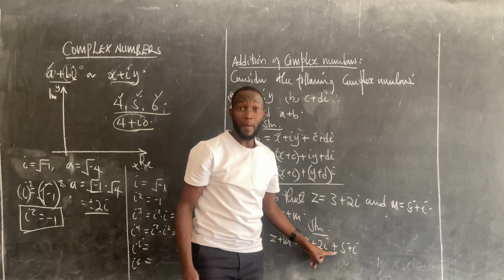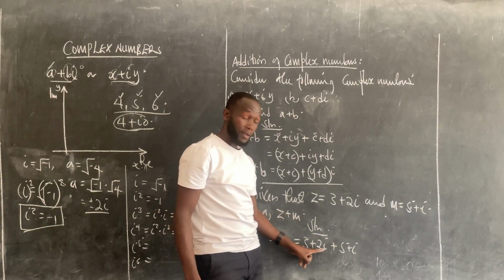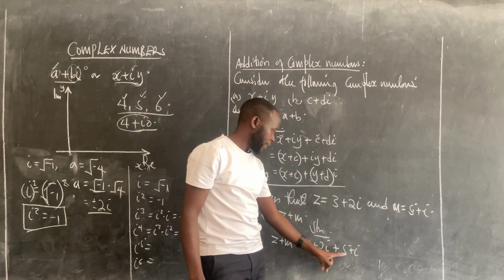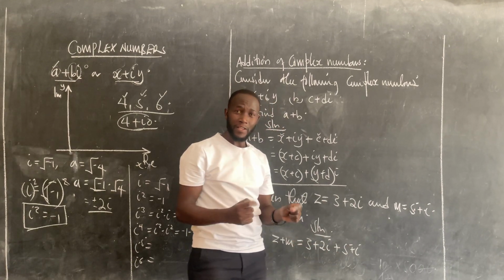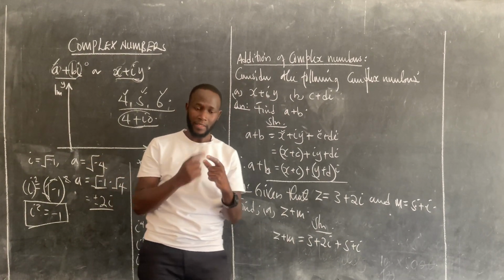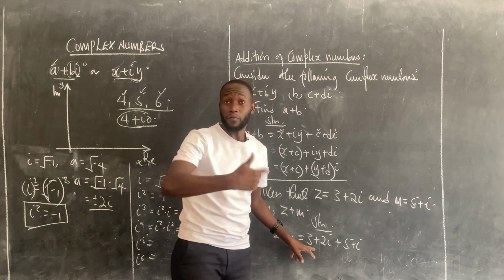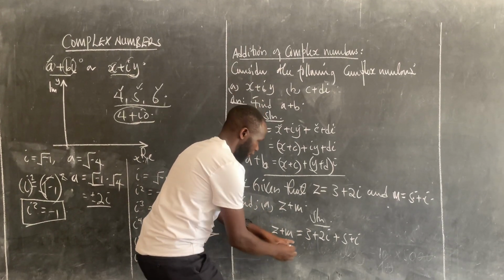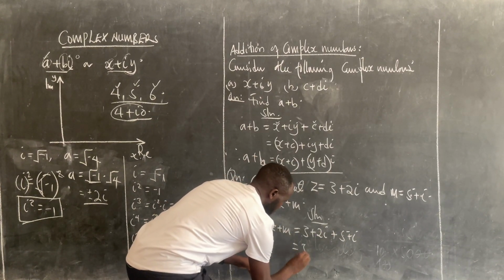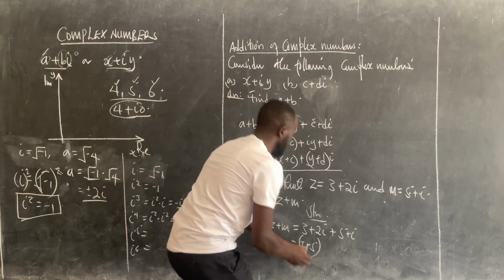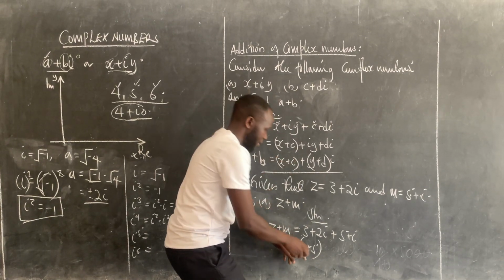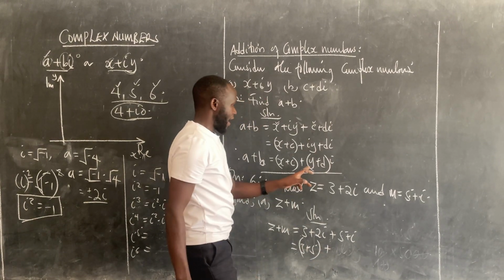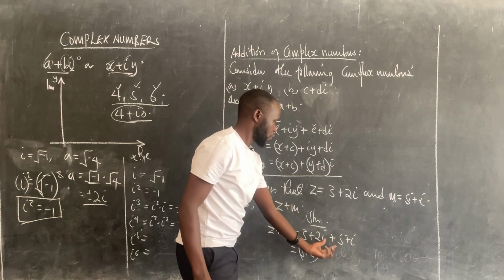When you look at this, remember we said, wherever you find i, that's an imaginary part. When you find a number that does not have i, we call that the real part of a complex number. So 3 plus 5 being real. Now plus 2 plus 5, we factorize out i.